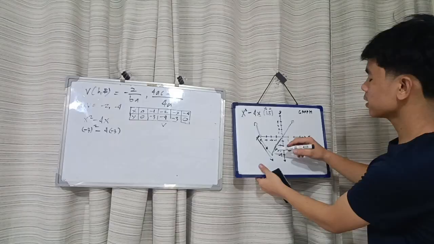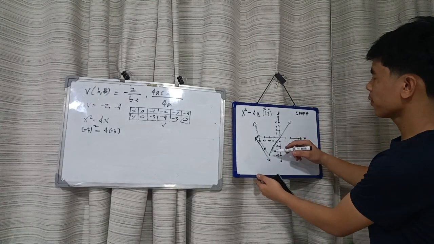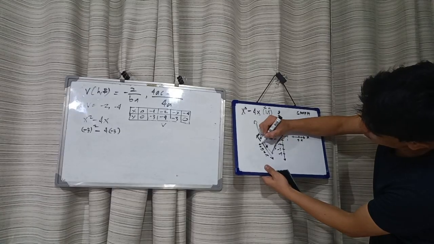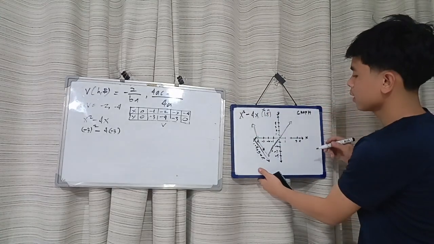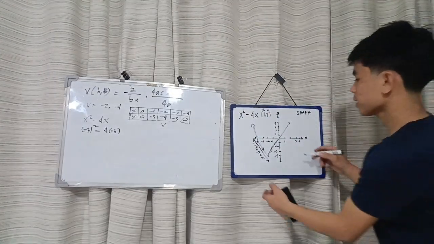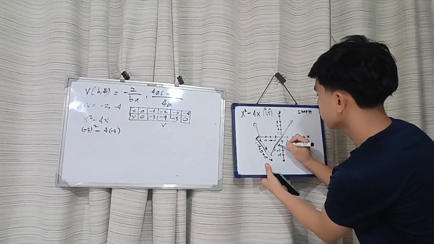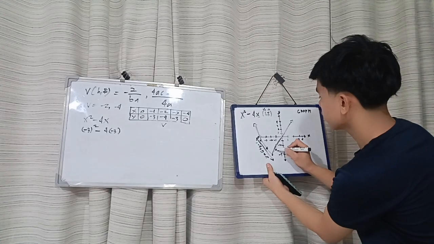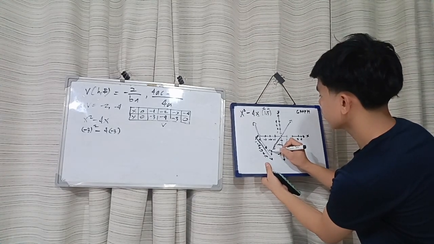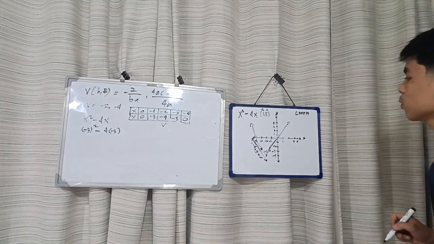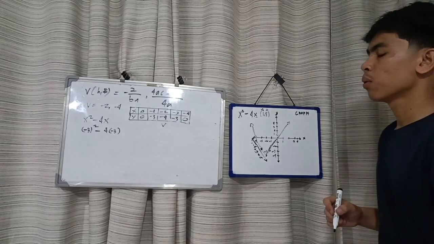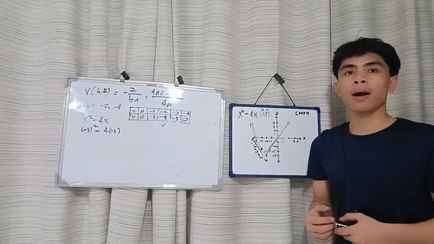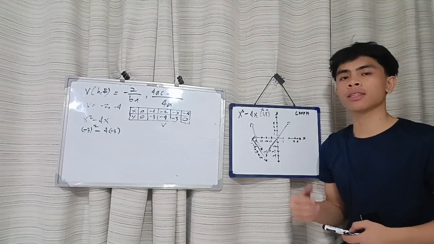Our tangent line formula is y equals mx plus b, and our vertex is negative 2, negative 4. That's how we can get our slope and our tangent line.